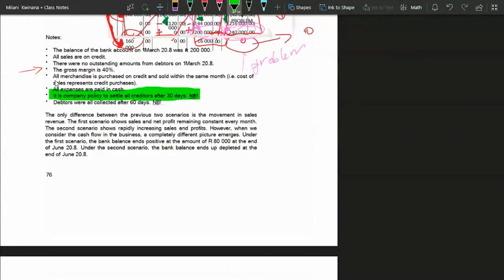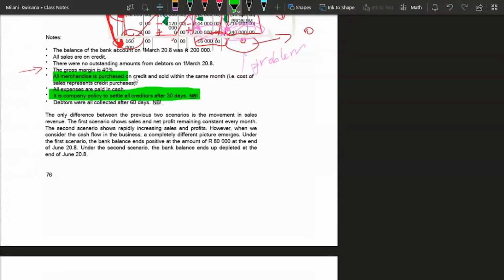Milani, all merchandise. No, remember, we are purchasing. I think one of the things I'm not yet getting from you is that you understand that we need to purchase merchandise in order to do business. So we buy merchandise and then we sell that merchandise later on. Okay? So when we purchase merchandise, it's part of the cost of sales. Yes, sir, I understand that. The cost of sales is the merchandise that we purchase.